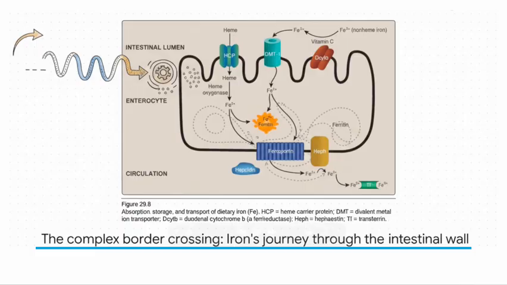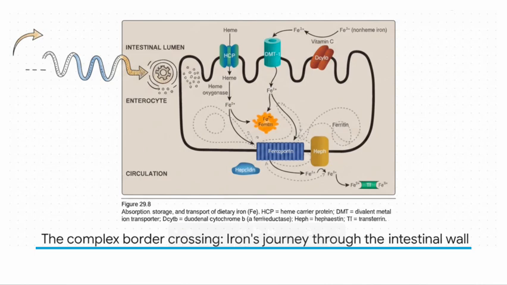Iron absorption occurs primarily in the duodenum and upper jejunum. Non-heme iron must be reduced from the ferric form to ferrous form before its absorption. This reduction is facilitated by gastric acid and dietary reducing agents such as ascorbic acid. Ferrous iron is transported across the intestinal mucosa via specific transport proteins.